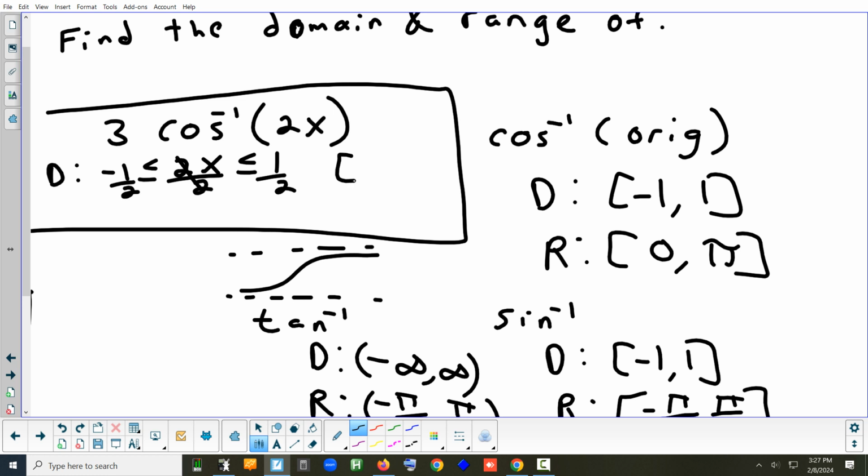If you put a less than or equal, that's an inequality. So we want to write it as an interval. -1/2 to 1/2. Okay, so there's the new domain.